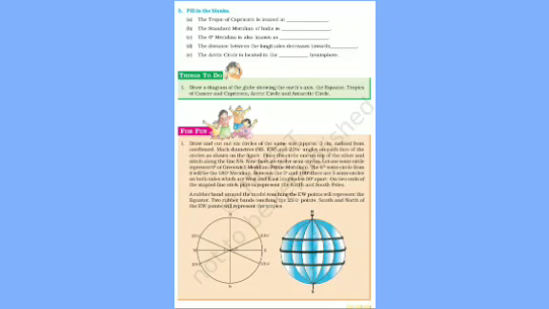The basic concept is, the more we move from the prime meridian eastward, we gain a day, and the more we move westward, we eventually lose a day.